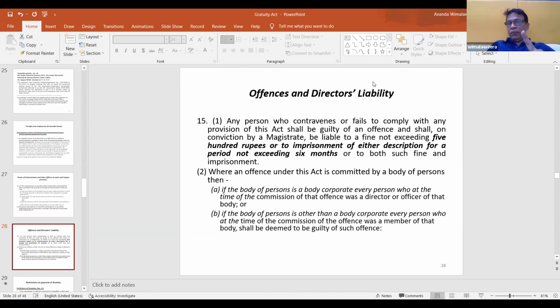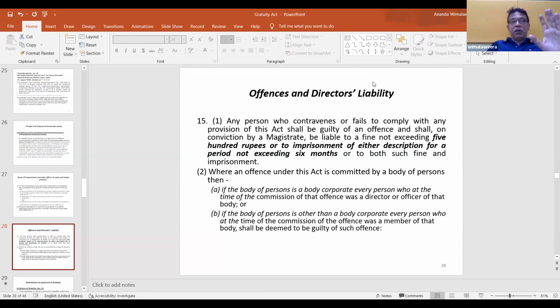Even though the gratuity is paid to you by company X for the service you rendered for company X, I have the responsibility to pay you the gratuity for the entire period. This is so complicated, right? I will explain to you one by one.